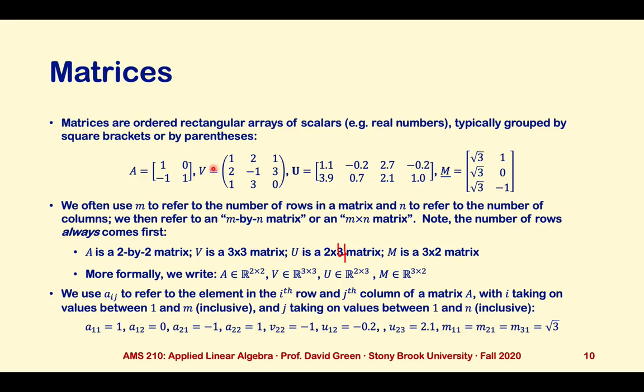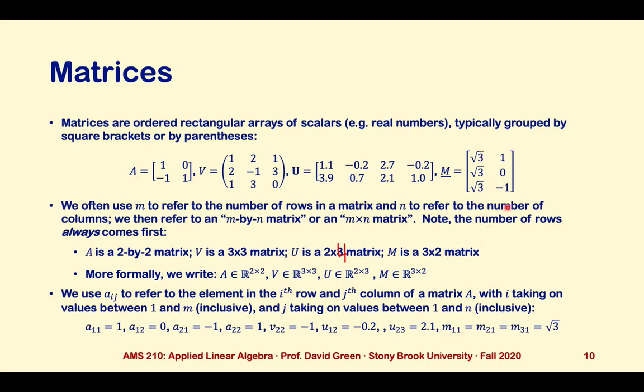V22 is the element from the second row and second column of V, or -1. U12 is the element in the first row and second column, or -0.2. U23 is the element in the second row and third column, or 2.1.